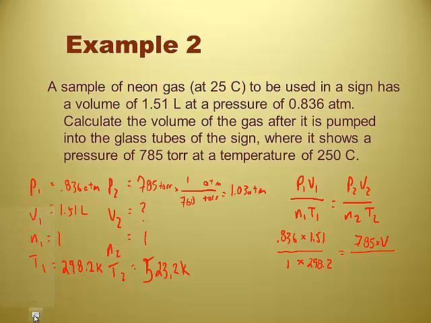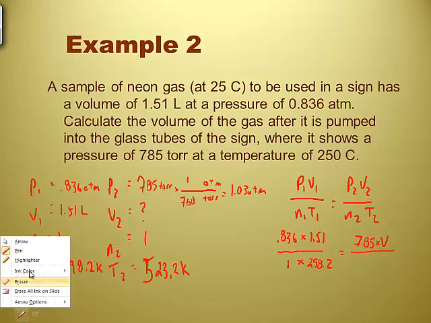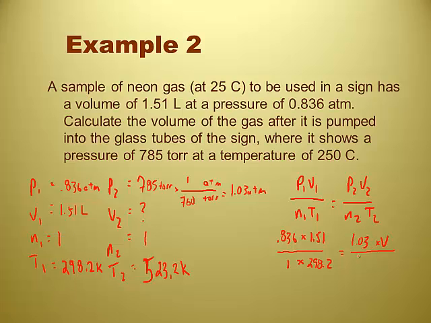It's got to be atmospheres. Yeah, same units. So 1.03 for atmospheres then, and I should probably have circled that. 523.2 for Kelvin. Put your N in, you like to use your N, so put 1 in, times 1. And you get an answer of 2.15 liters.